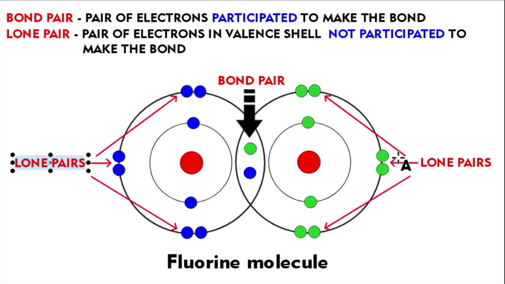Remember this: lone pairs. A lone pair means a pair of electrons, two electrons, that are not participating. And a bond pair also means two electrons. Each pair has two electrons. Remember that.